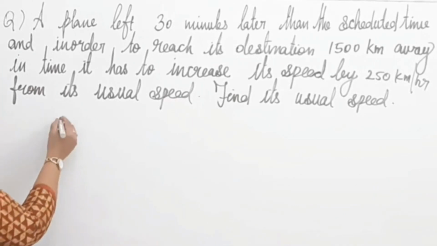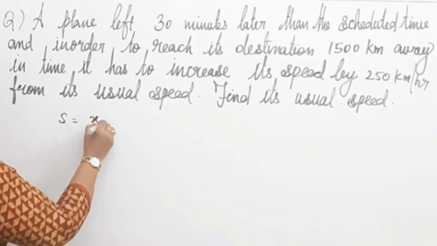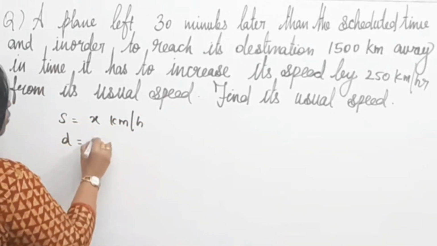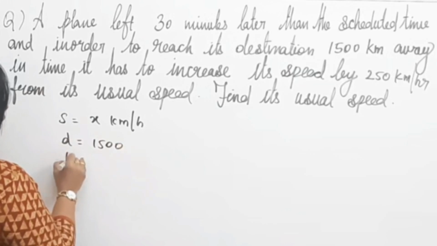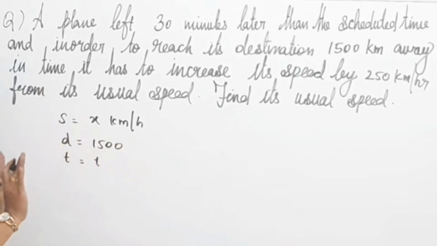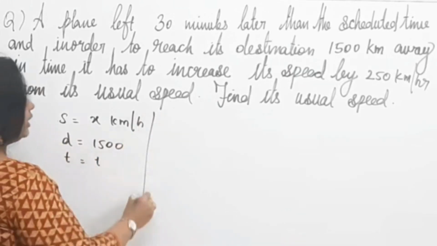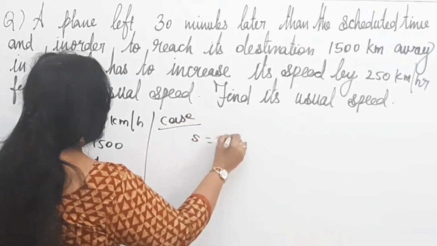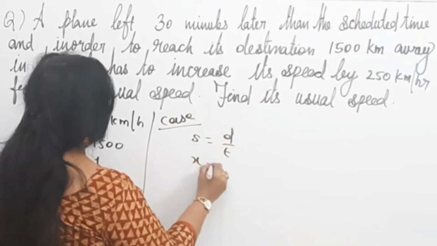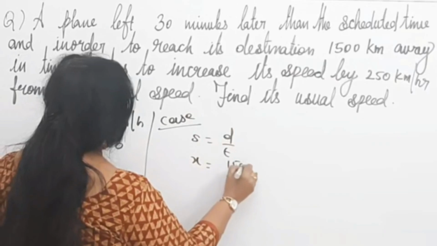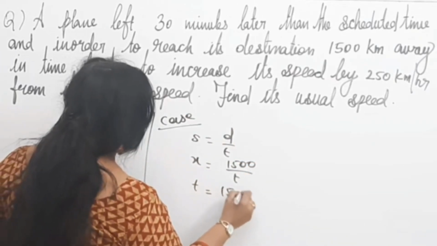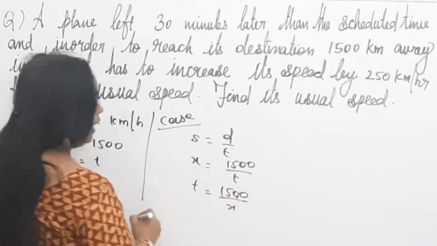Now children, the same case: speed is equal to x km per hour, distance is equal to 1500, and time is the scheduled time, the same timing. So in my case 1, what happens? Speed is equal to distance by time, speed is x and distance is 1500 divided by time. I want my time, that is 1500 divided by x.